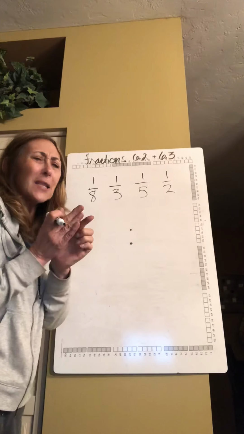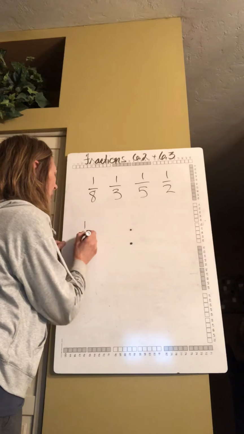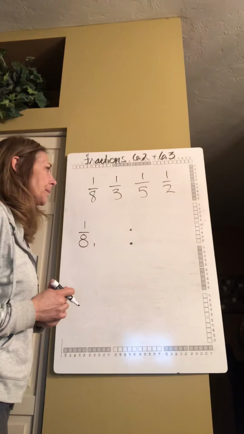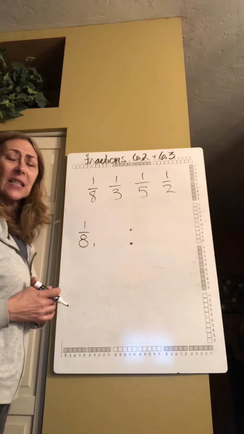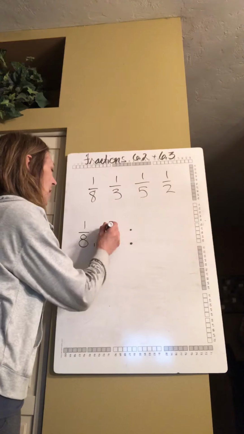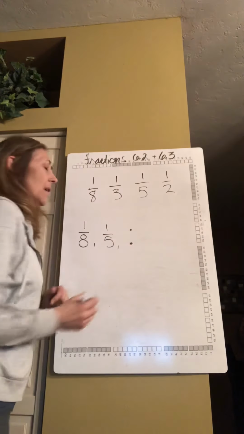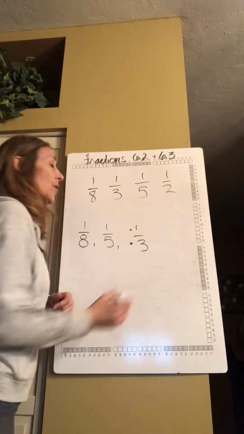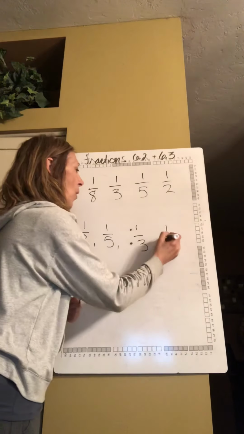The smallest pieces would be 1/8. That's my smallest fraction. Then my next smallest, or one that's a little bit larger, is 1/5. Then comes 1/3 and then last 1/2.